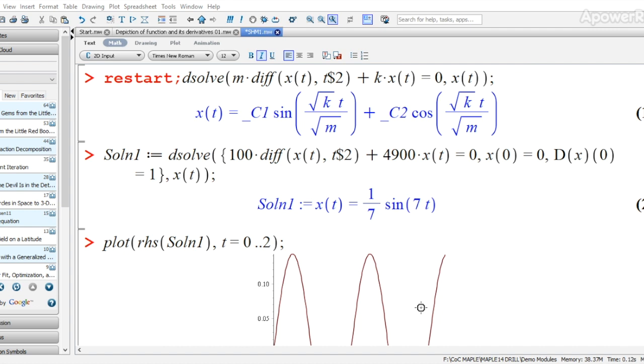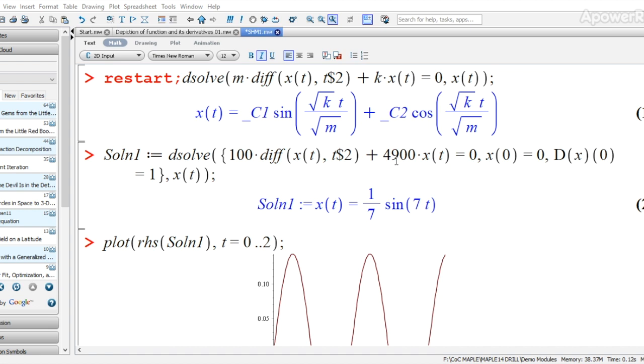Now here I have made a little change. In the numerical oriented differential equation, I have plugged in 100 grams or 100 kg you consider in SI system, mass of the object, and the spring constant here is 4900.